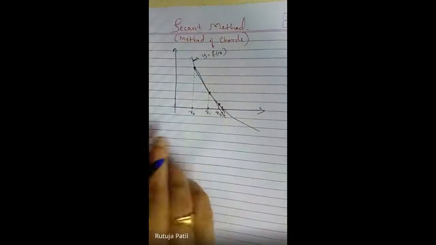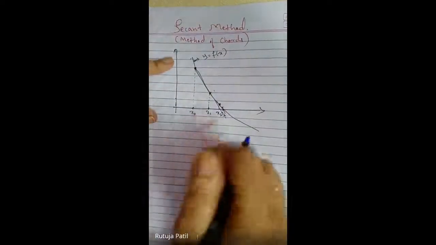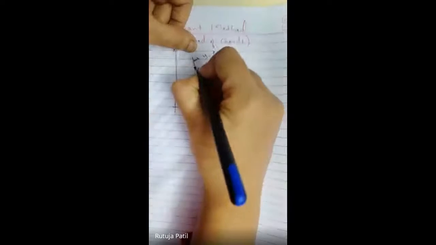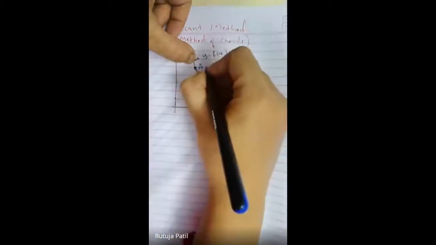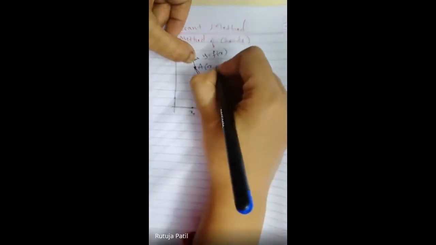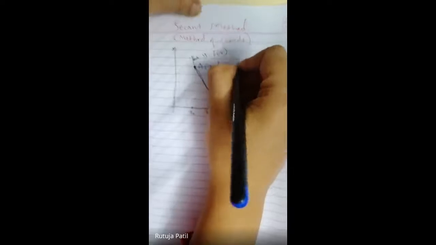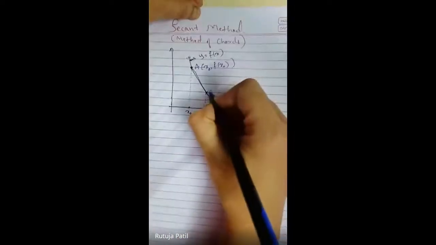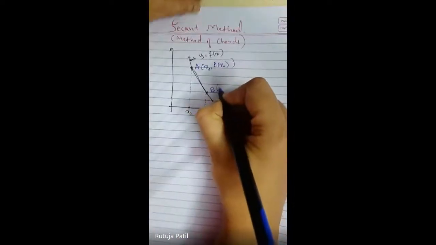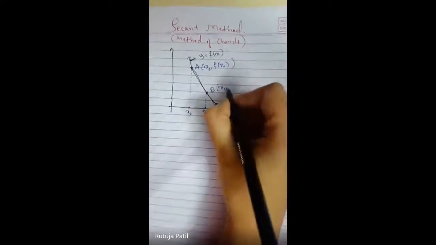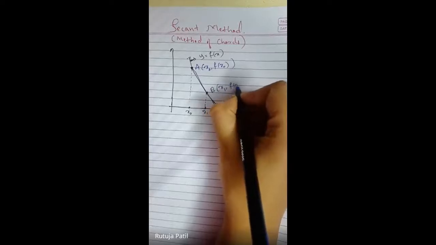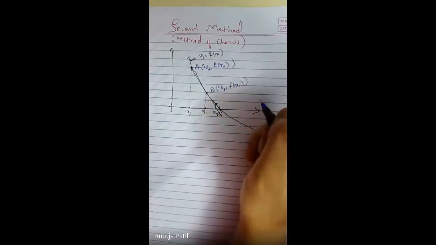Now, whatever value x naught we have got, when I substitute in this equation, I get this point, that is f of x, the value of y we got. So the coordinates are x naught, f of x naught. At this point, b, the x coordinate is x1 and the y coordinate is f of x1.